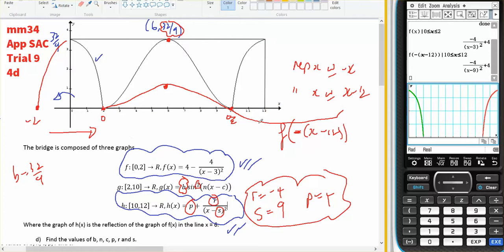This sine curve would be part of a sine curve that I'm only drawing the bit that was here from 0 to 0. So its period goes from 2 to 10. So that's 8, and I'd have another 8. Therefore the period equals 16. So that 2 pi on n equals 16, n equals pi on 8.